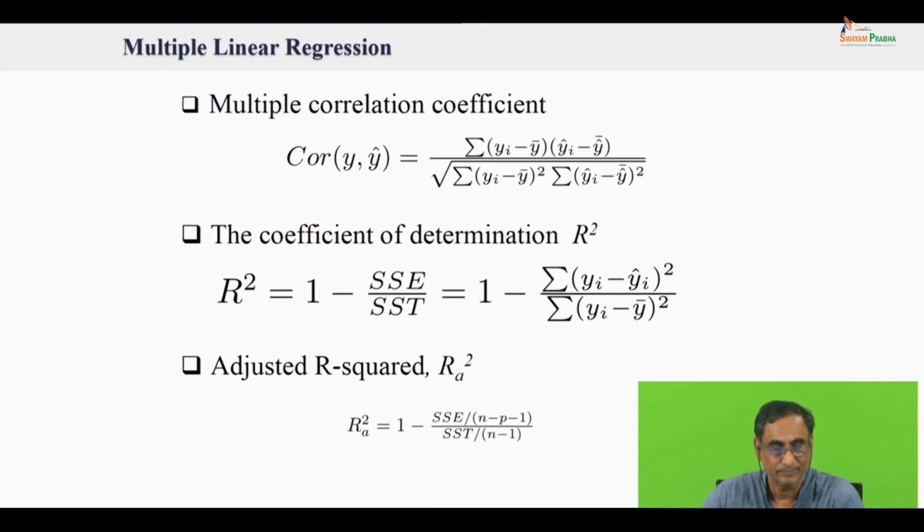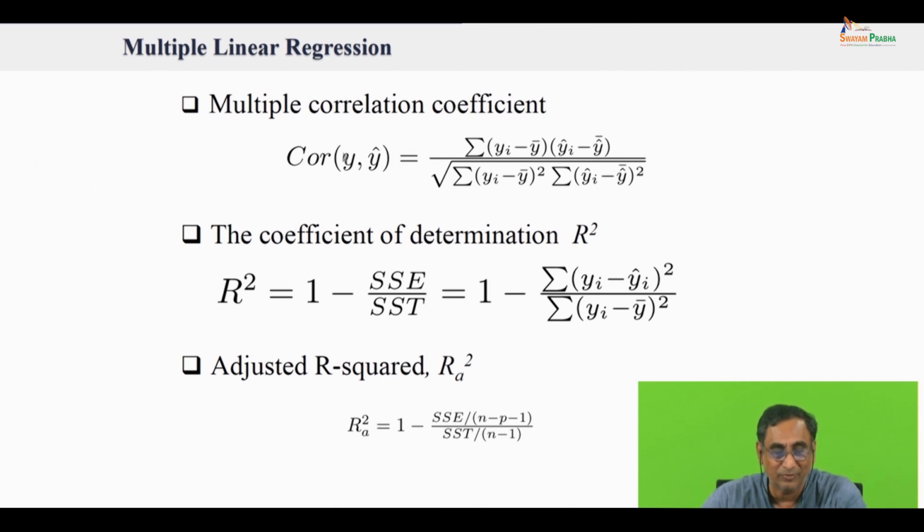Now we can also compute the correlation between y and y hat, which tells you whether the predicted value from the linear model is closely related to the measured value. Typically we will plot the measured value against the predicted value and see whether these points fall on the 45-degree line, and if they do, then we think that the fit is good.